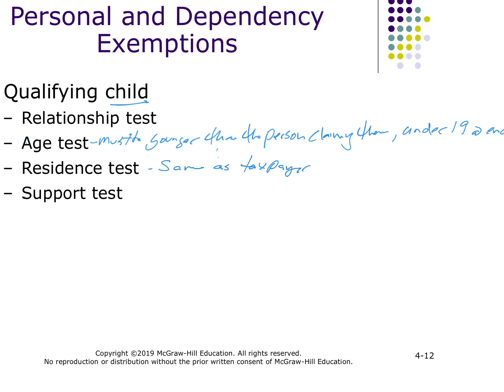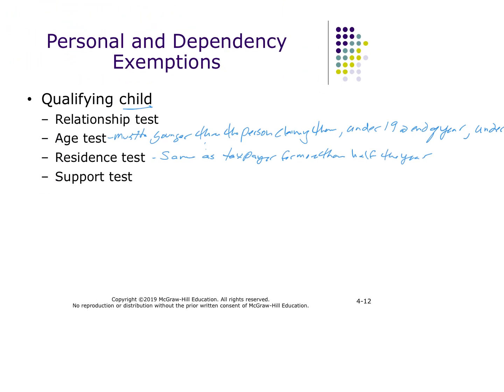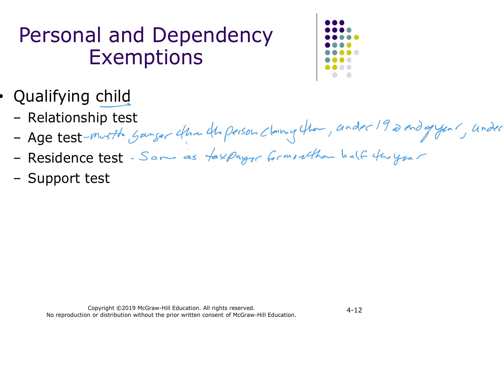So, for example, say you are 23 and you're a full-time student and you live away at school. But otherwise, when you're not at school, you have the same residence as your parents. Then you can be a qualifying child of your parents.